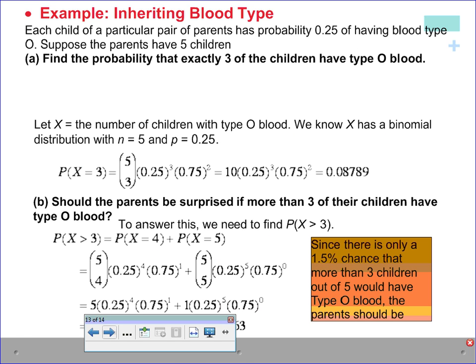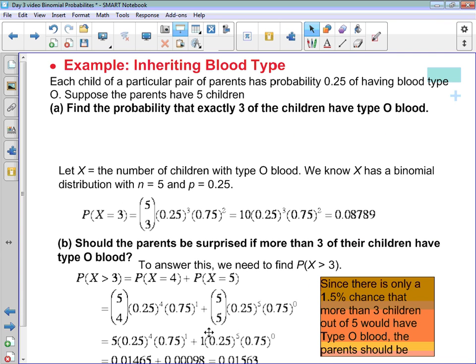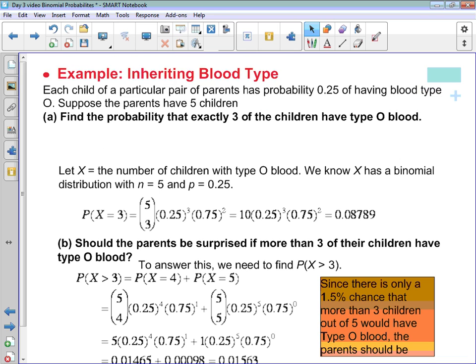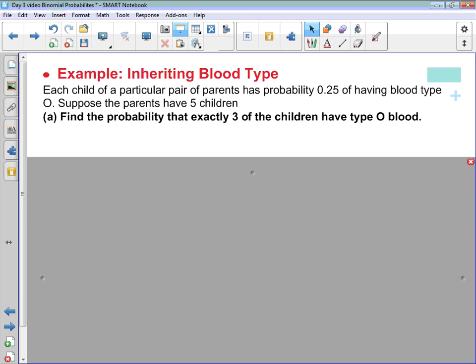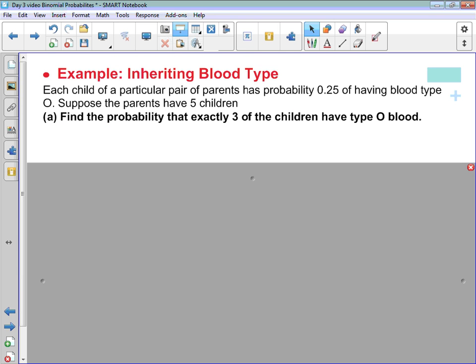All right, whoops, sorry, some of this is supposed to be covered up. All right, so suppose that a child of a particular parent has a 0.25 chance of having type O blood. Find the probability that exactly 3 of the children have type O blood.